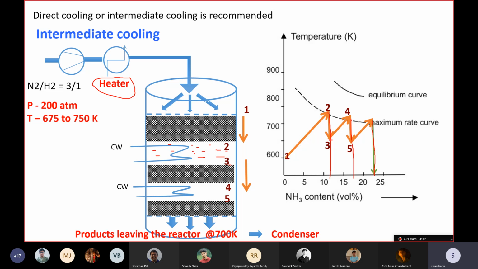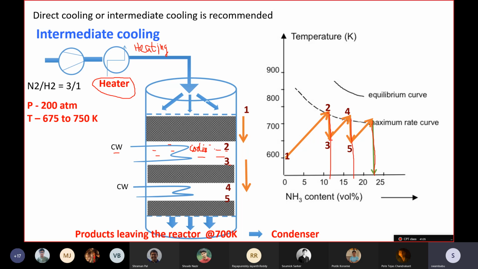In the intermediate cooling step, something is being heated. Here cooling water is circulated, and here we have a heater. So here heating is taking place, and here cooling is taking place.